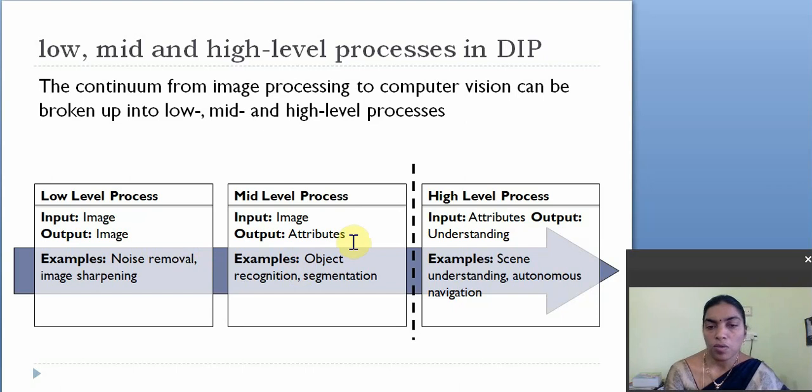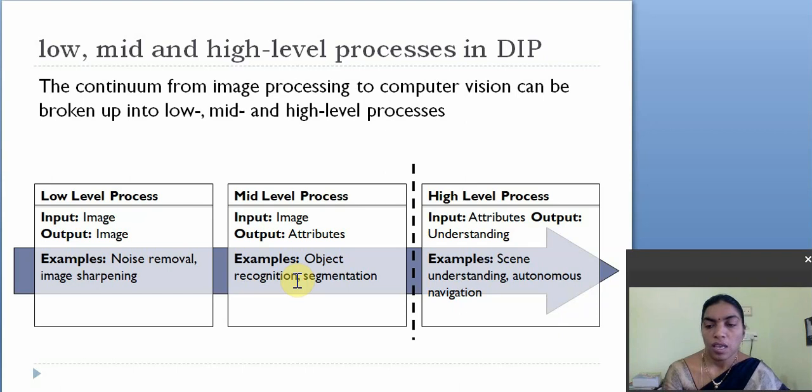Now coming to another one: object recognition or segmentation. What is that? If I take one image, I would like to separate certain parts. Suppose one image has many fruits, but I want to segment only the fruits from the total image. Some background is there, some shop is there, some shopkeeper is there. I don't want all these things, I need only the fruits.